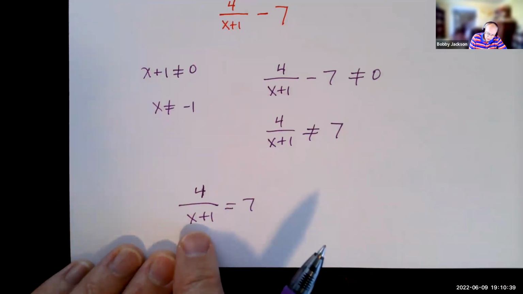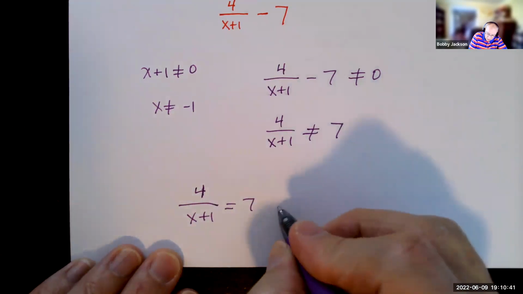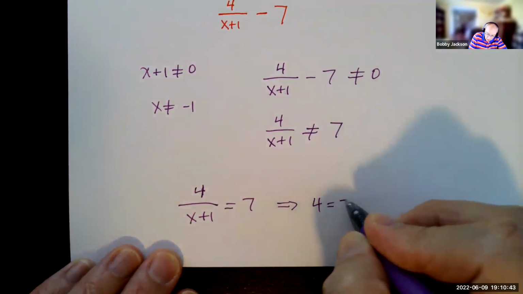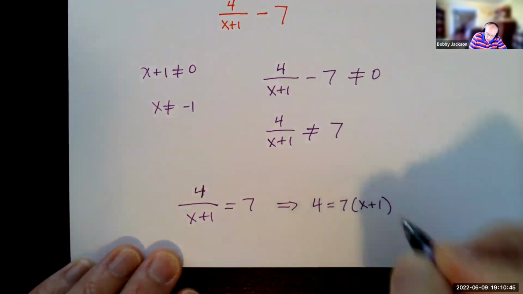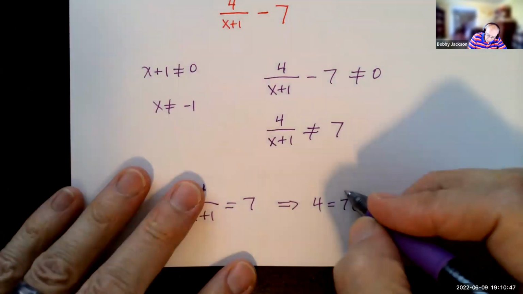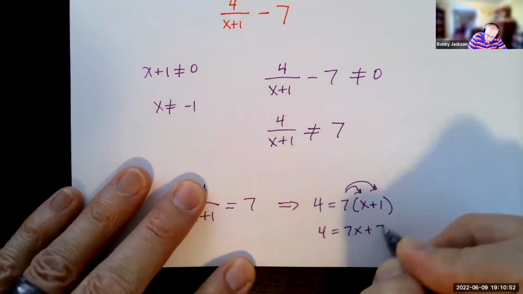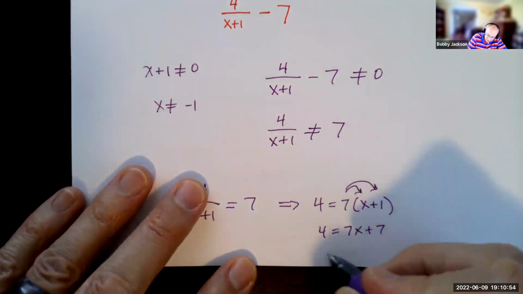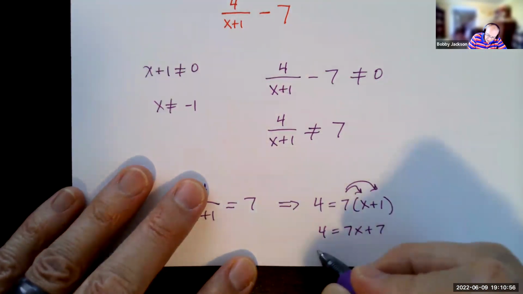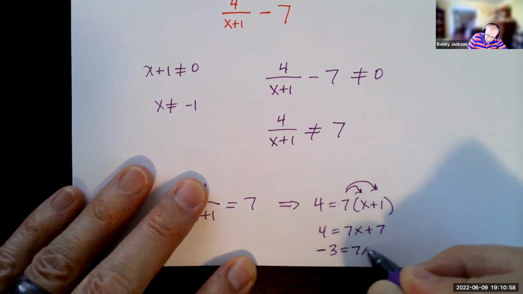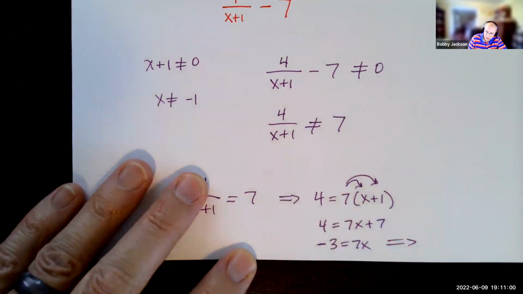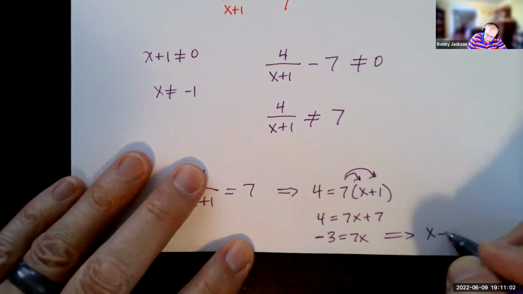Just multiply both sides by x plus 1. Now it's just a linear equation. Distribute my 7 through, so I get 4 equals 7x plus 7. Subtract 7: 4 minus 7 is negative 3. And then dividing by 7, x is negative 3/7.